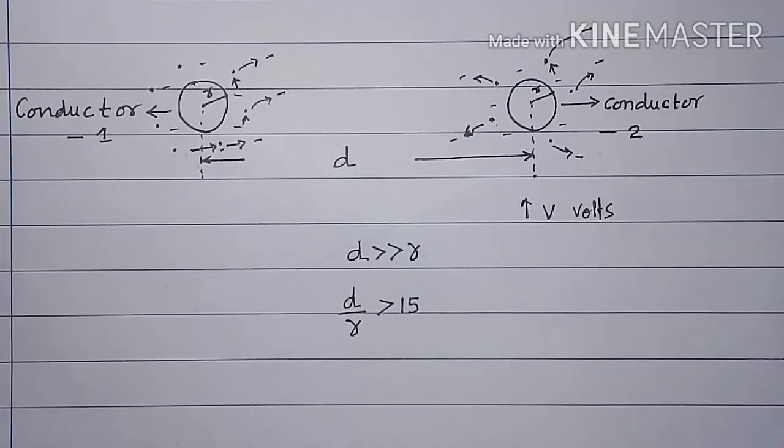And we can observe the corona in case of AC transmission systems by using an instrument called stroboscope.